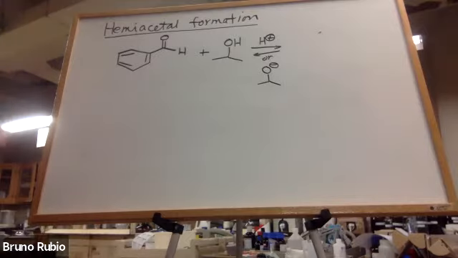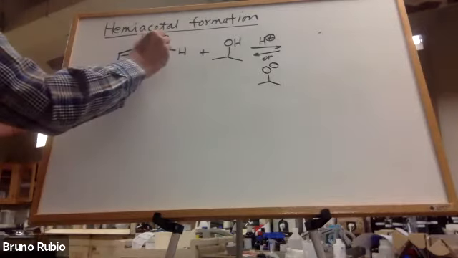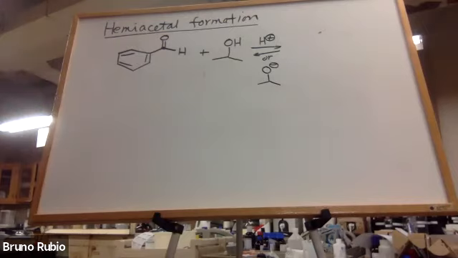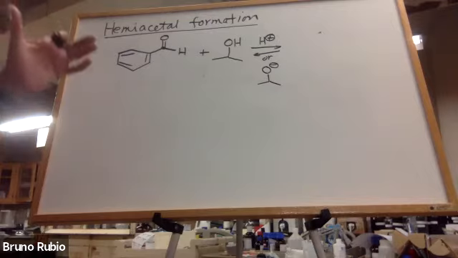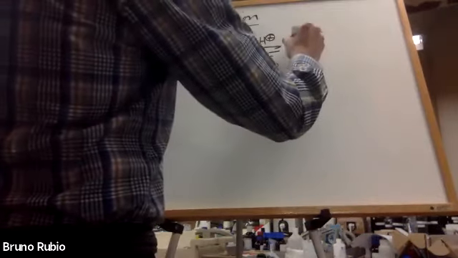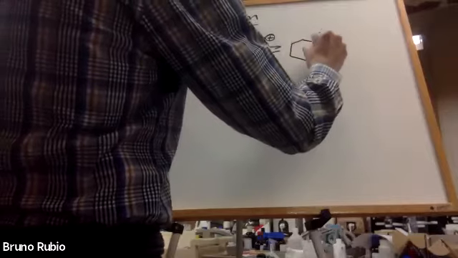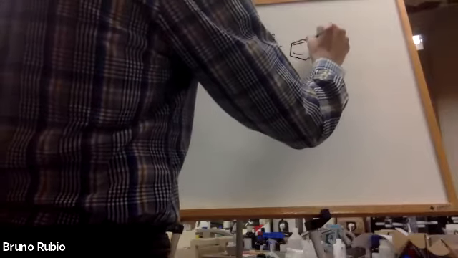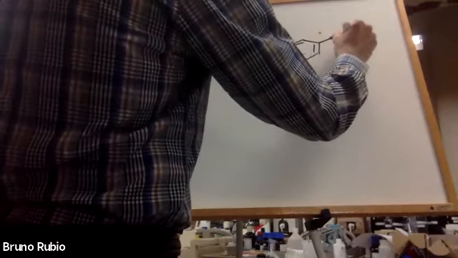where the carbonyl carbon, or what used to be the carbonyl carbon here, now has an OH group, and what is left of the alcohol minus a proton. All right, so what will this hemiacetal look like? Okay, so there's the carbonyl carbon.